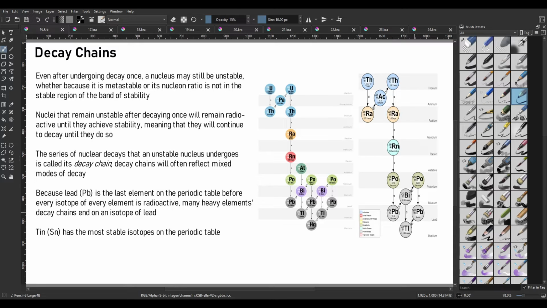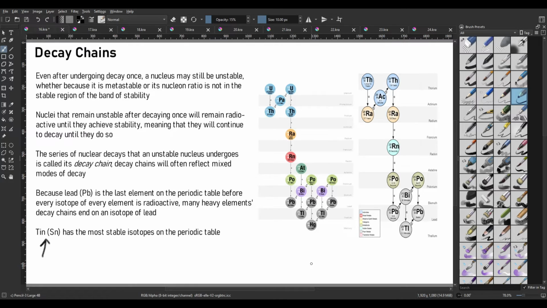This is lead-208 over here. So lead for especially heavier elements is going to be a good endpoint, because it's got that neutron-rich environment, but it's got a good stable ratio between its protons and neutrons. And just a little fun fact here, tin, which is Sn on the periodic table, has the most stable isotopes out of every element. We're going to do some practice problems with these in a second to make sure we understand this.